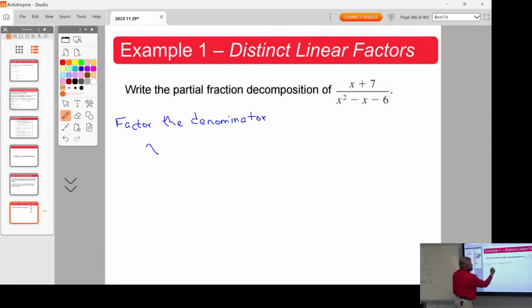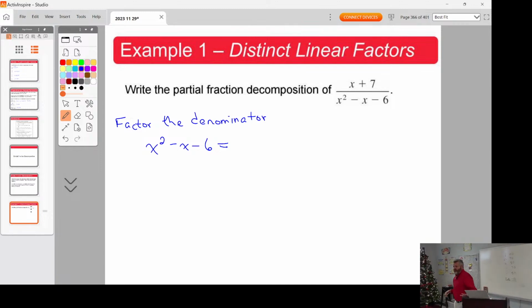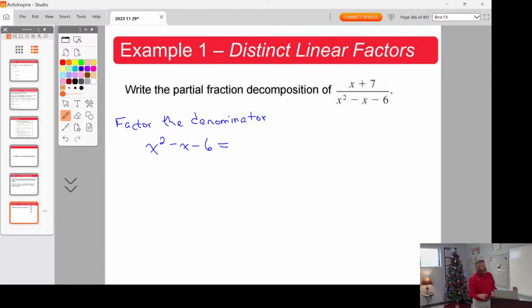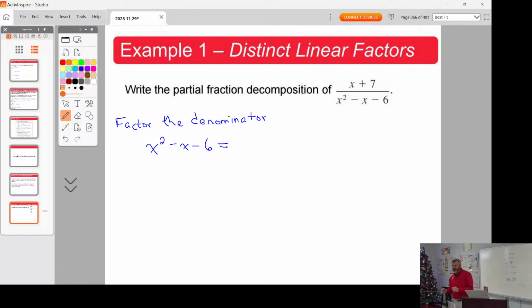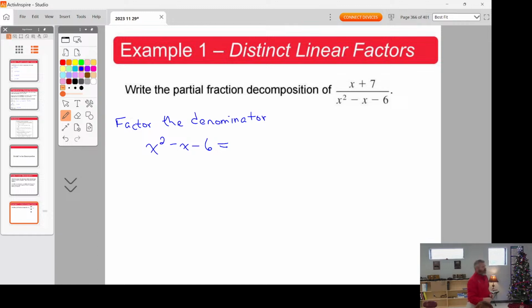The denominator is x squared minus x minus 6. What does that factor into? x minus 3, x plus 2.